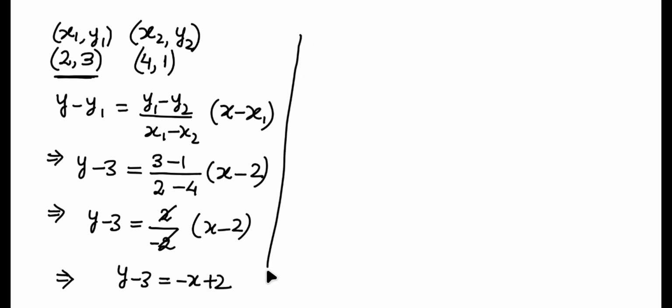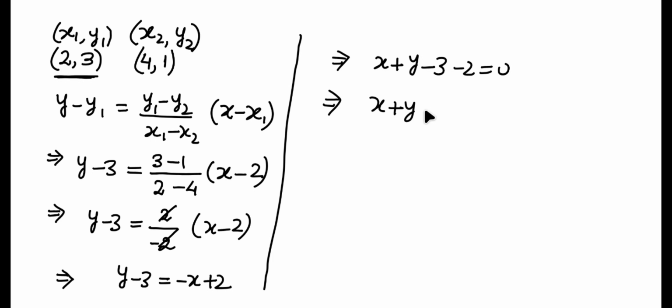The next step, we can write the last step: x plus y minus 3 minus 2 equals 0, and we got our equation of a straight line, x plus y minus 5 equals 0. So we got our answer. This is the equation of a straight line which passes through 2,3 and 4,1.